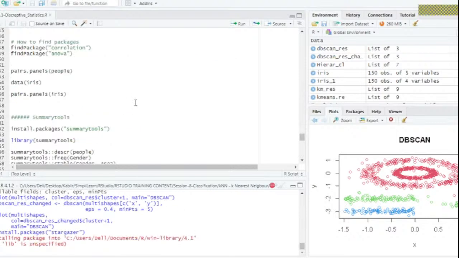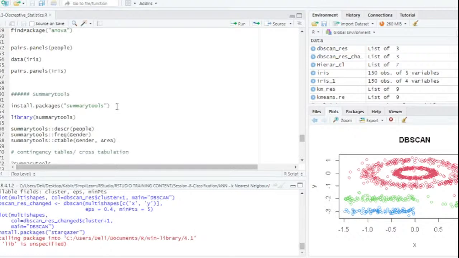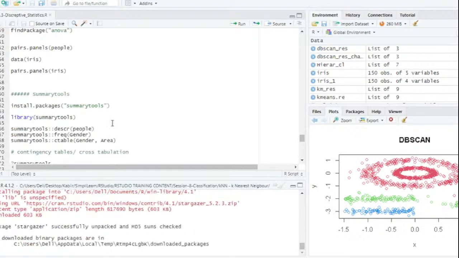Summary tools also requires coding, but Stargazer gives wonderful outputs.